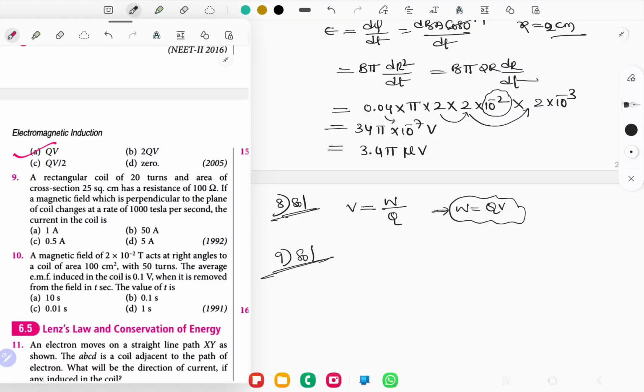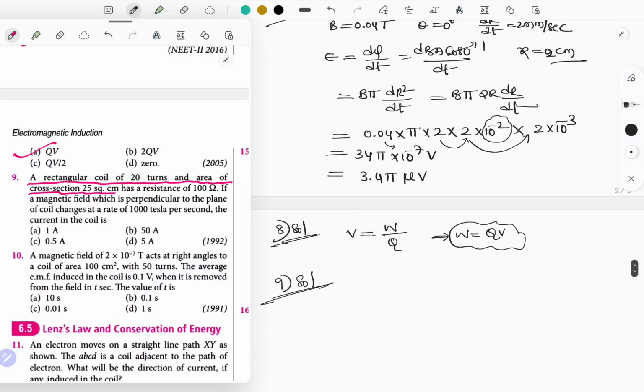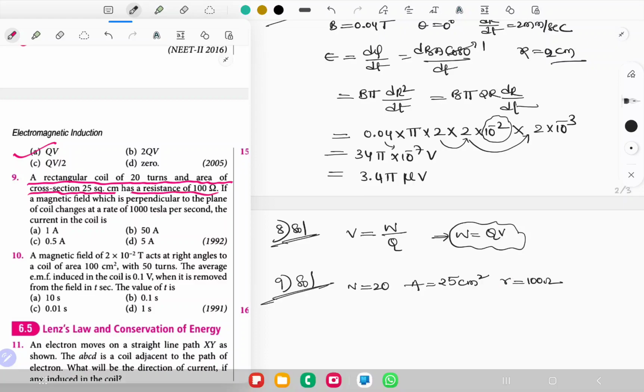What's the question they're asking? A rectangular coil of 20 turns and the area of cross section 25 square centimeter. Number of turns are 20, area 25 centimeter square, has a resistance of R equal to 100 ohm. Resistance is also given.